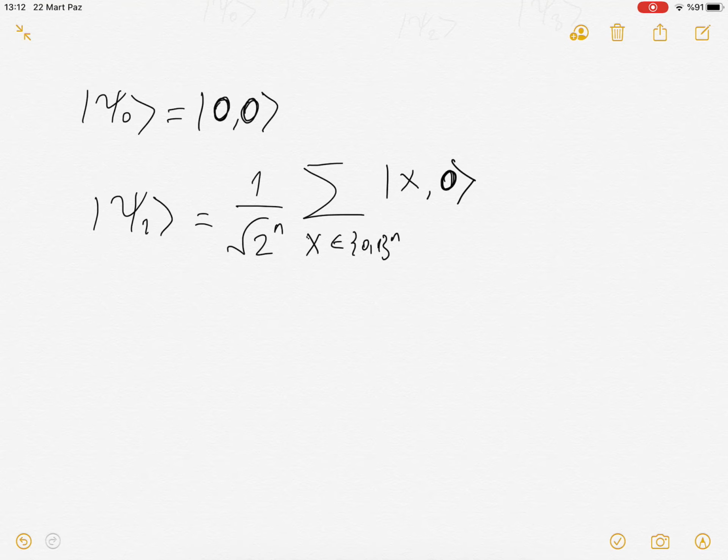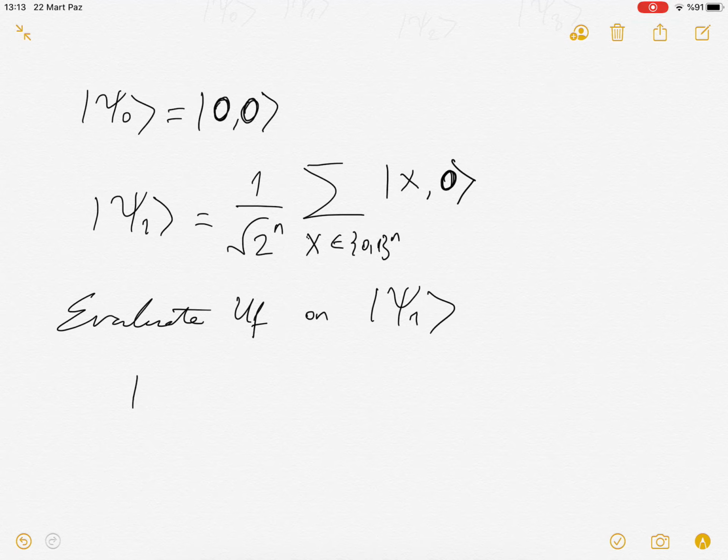So now we have to evaluate UF on the state psi 1. Fortunately, we have all zeros in the second register, so things are a bit easier. And then we get psi 2.